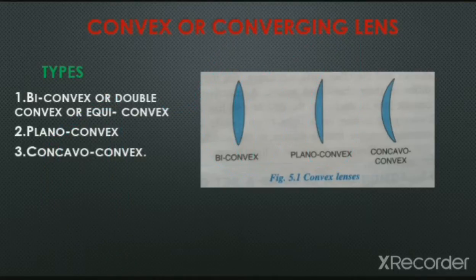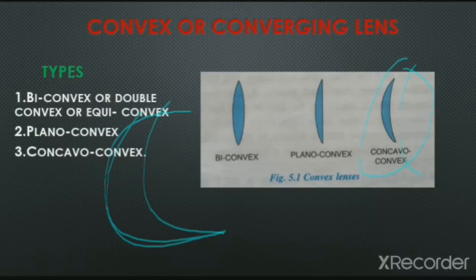Now the third type is the concavo convex lens. In this concavo convex lens, the first surface is concave and then the second surface is convex. Clear? From here you will see the first surface, which is concave, and the second one is this one, which is convex.